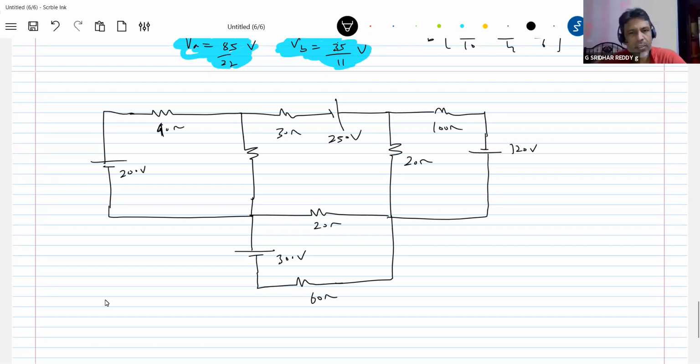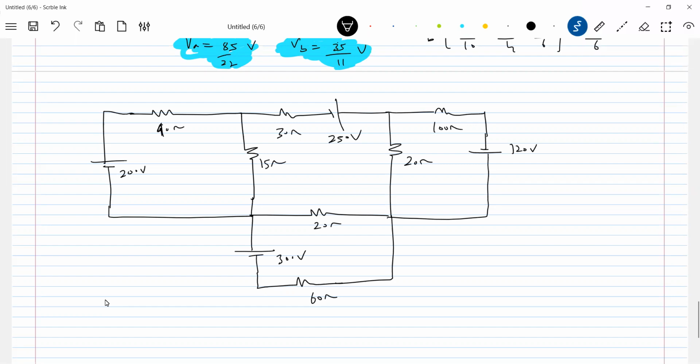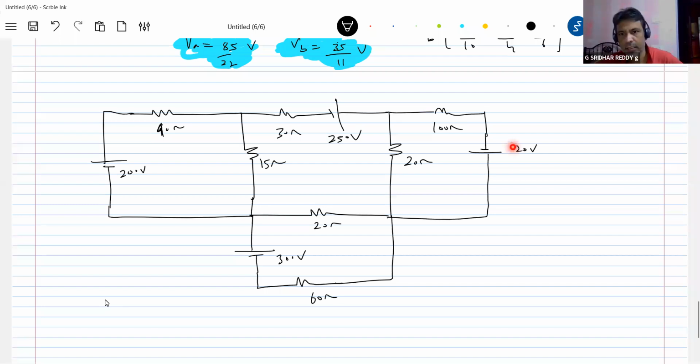We have to find out current through all the branches. You're not saying where to find out potential. Current through all the branches has to be determined. Sir, did you miss the resistance for the resistor? Okay, just 15 ohm. So is that 120 or 720 for that rightmost battery? 120, yeah.